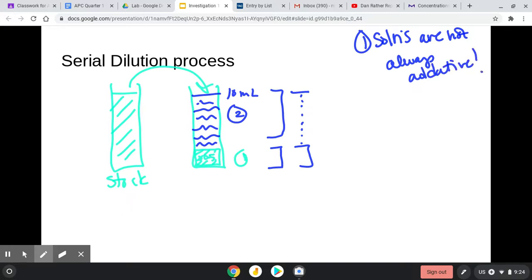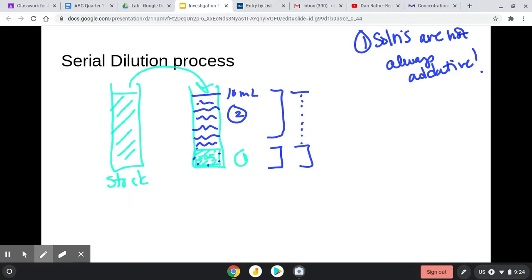If you add 100 milliliters of nitric acid to 100 milliliters of sodium hydroxide, you're not going to get 200 milliliters. In this case, 1 plus 1 does not always equal 2. Sometimes the solutions fit in between each other. And so if you add 100 mils and 100 mils, you actually get, let's say, 190 milliliters, because the solutions are fitting into each other.